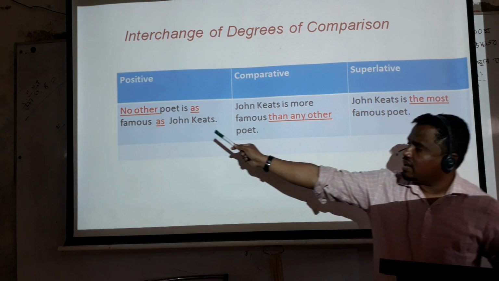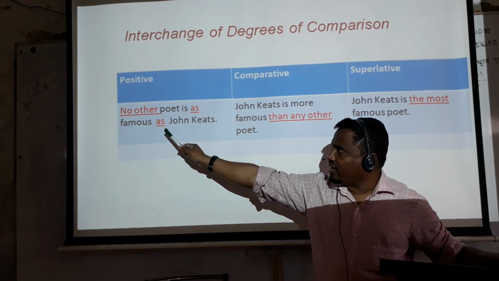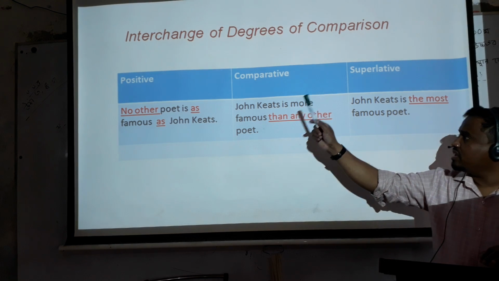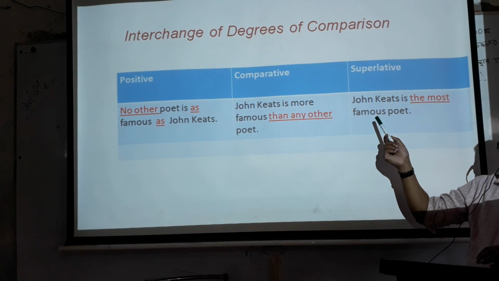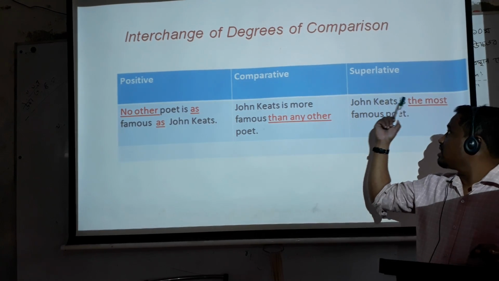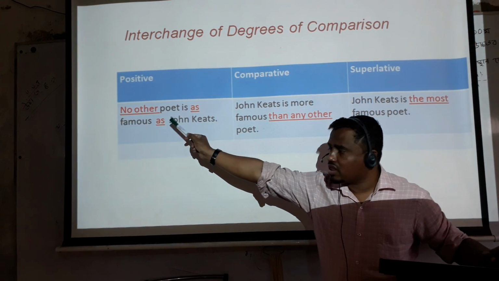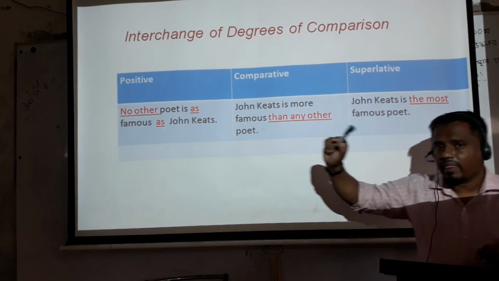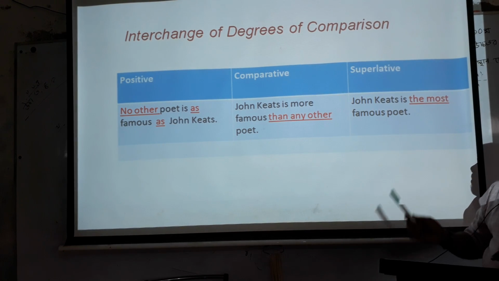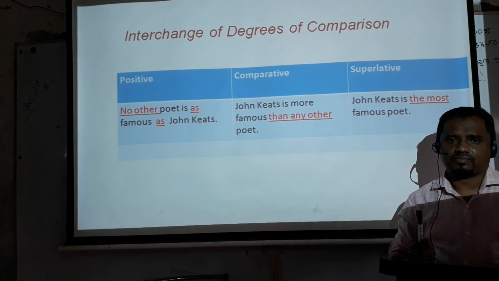The positive form of famous, the comparative form is more famous, and the superlative form is most famous. Before the superlative form you have to use "the" only if the sentence begins with "no other". So the answer would be John Keats is the most famous poet.